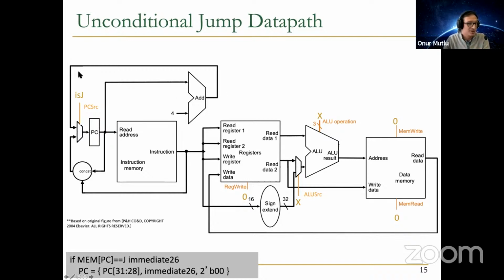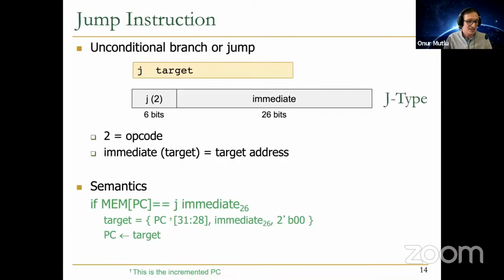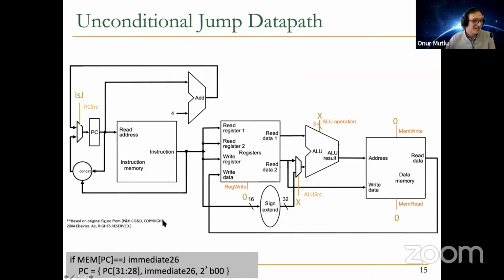Okay, but as you can see, as I said, you need to be very careful with how to construct the target address. So if you go back to the instruction, we said this is the incremented PC, right? But here, the designer made an error. They did not take the incremented PC. They took the PC directly from the PC register, where we should have really taken it from PC plus 4 and put it into the concatenation logic.